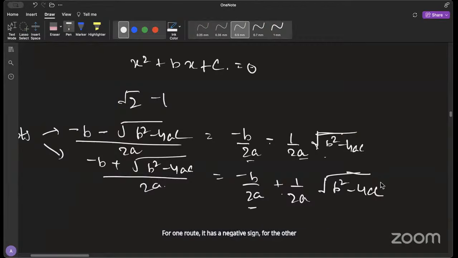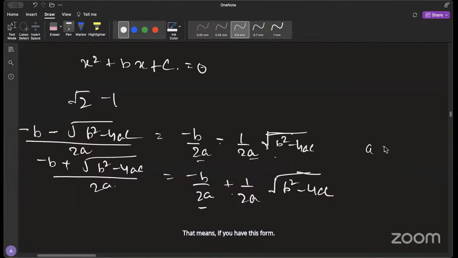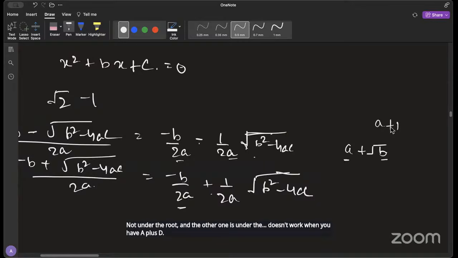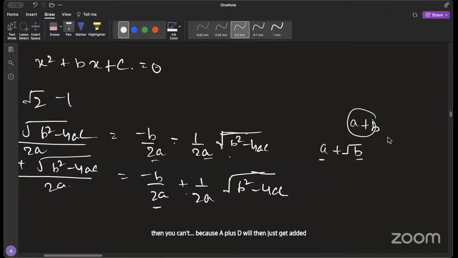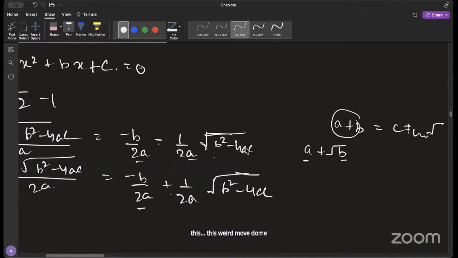This form, a plus root b, only works when one of them is not under the root and the other one is under the root. It doesn't work when you have a plus b, because a plus b will just get added up, and then you wouldn't see the square root term. Are you getting my point?